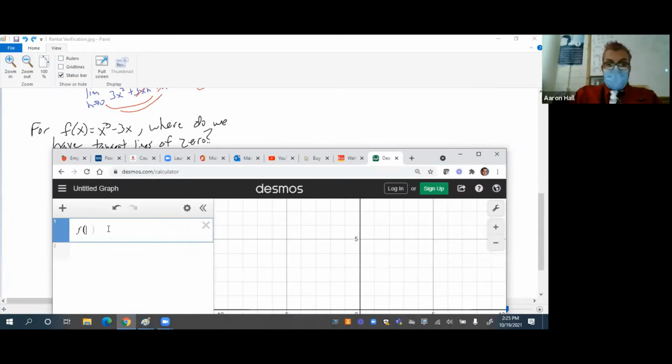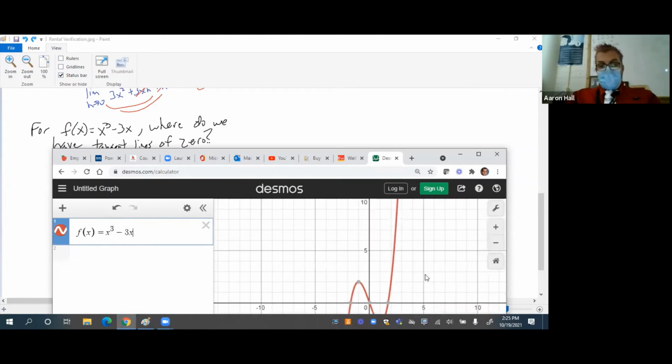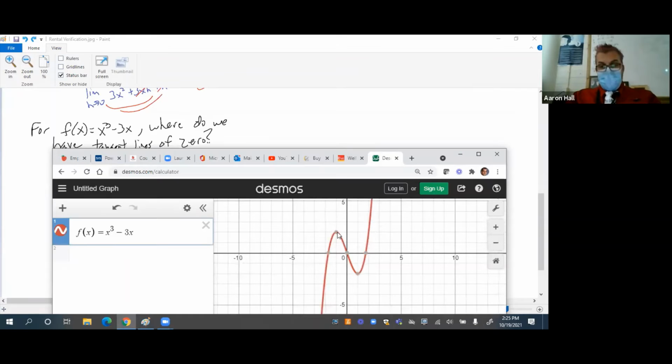My equation is f of x equals x cubed minus 3x. And we can see that we have 2 horizontal tangents at x equals 1 and -1. Pretty cool.